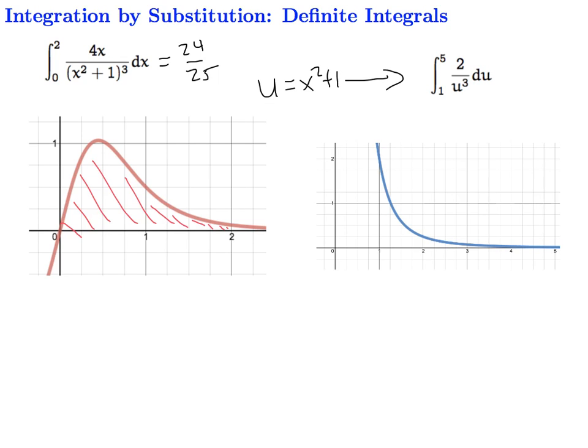So this u transforms the integral into this other integral, which also equals 24 over 25, and this time geometrically is the area under the blue curve from 1 over there until 5. Now even if these were drawn to scale, it'd be really hard to see that they gave the same area, but the fact is that they do. This transformation really just transforms areas, transforms the change that your integral does, until it's an easier thing to compute.